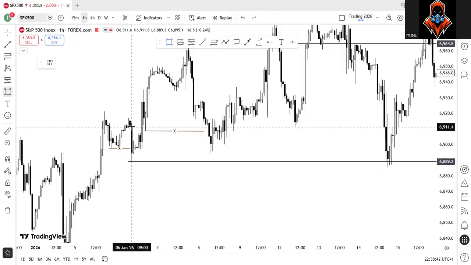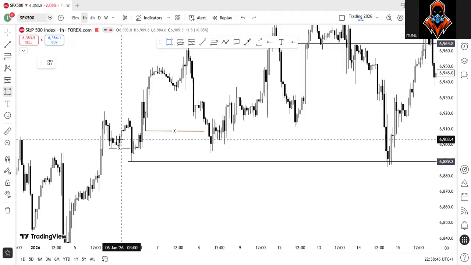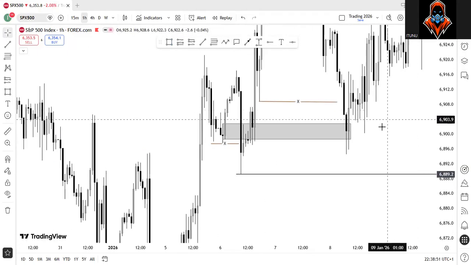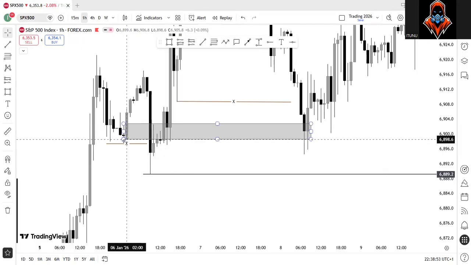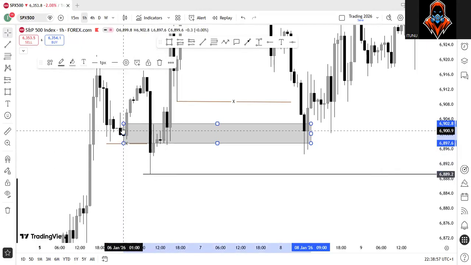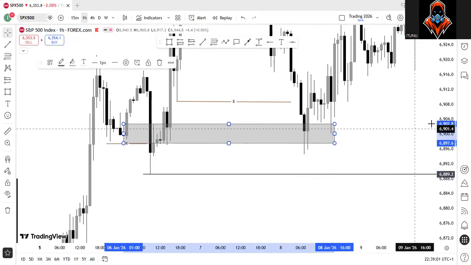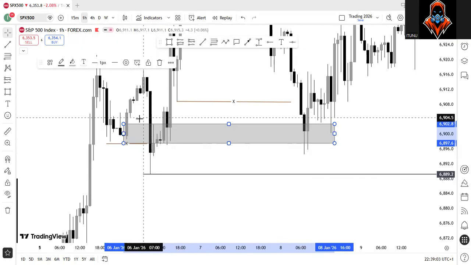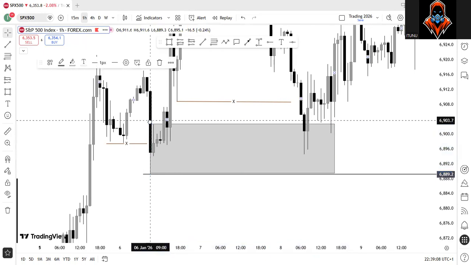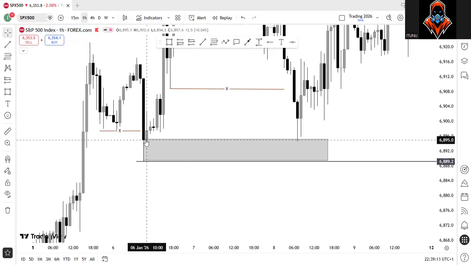But we can see that this is higher than our liquidity, so we can't use this. We use QMR. QMR basically is the bearish candle in the previous structure before the sweep. So this is my QMR. You can use this. If this is not available, you can use this, or you can use the wick of this.